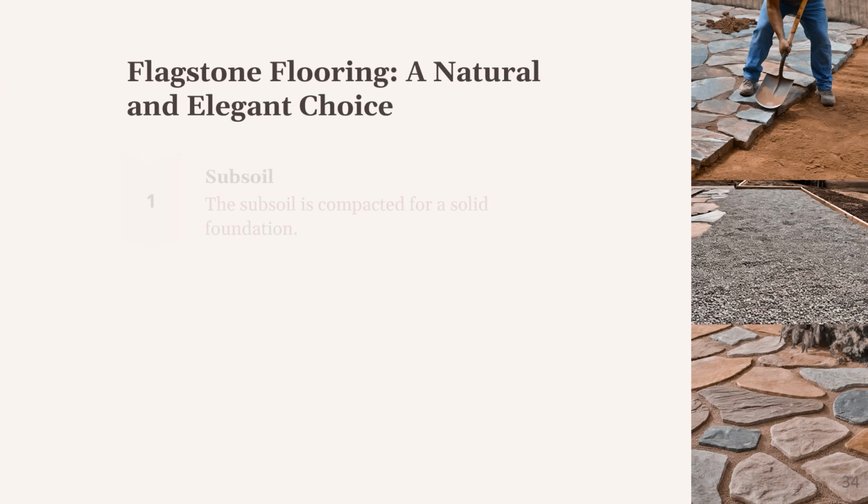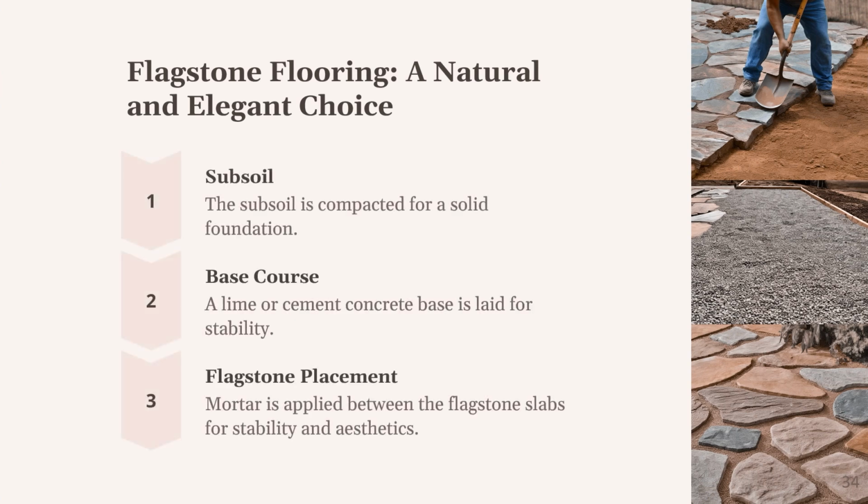The groundwork begins with preparation of subsoil, compacted to perfection to ensure a stable foundation. Over this, a base course of 10 to 15 cm thick lime concrete or lean cement concrete is laid. Now the flagstone slabs are carefully placed.